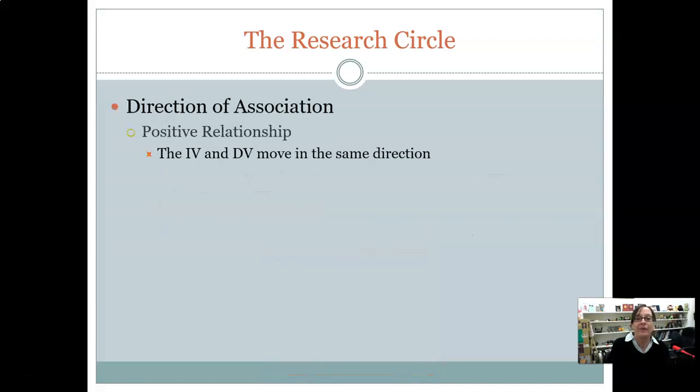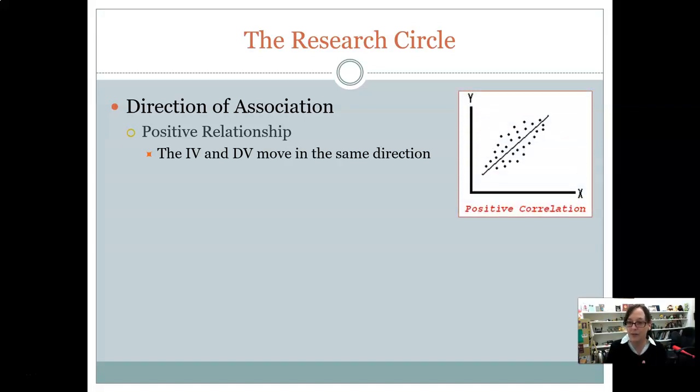So another thing that's kind of important is the direction of association. When you have two variables, they can be related in a positive way. A positive relationship means the independent variable and dependent variable are moving in the same direction. This is what this looks like. So as x goes up, y goes up. They're going in that positive direction.